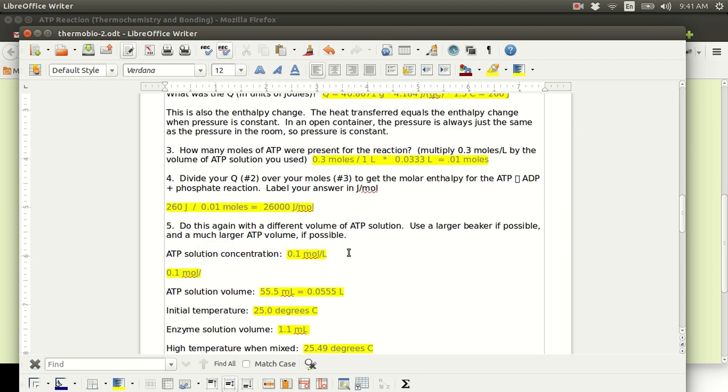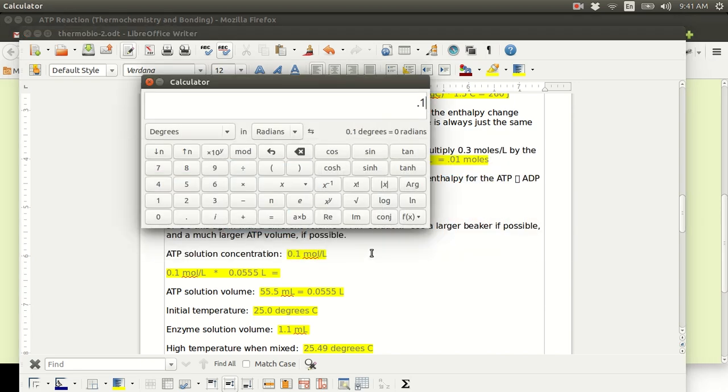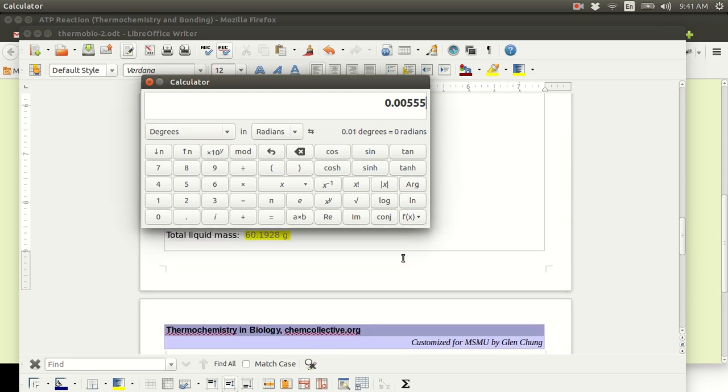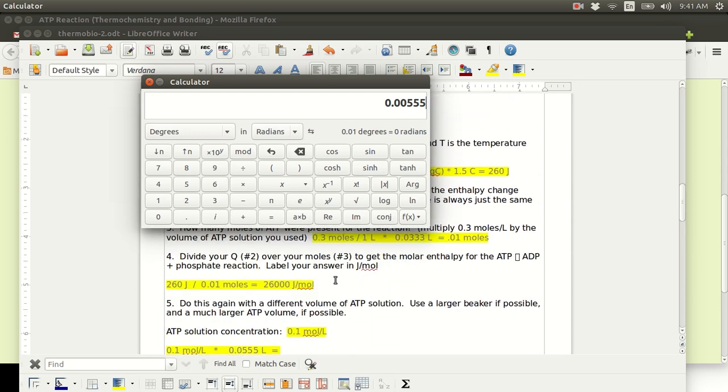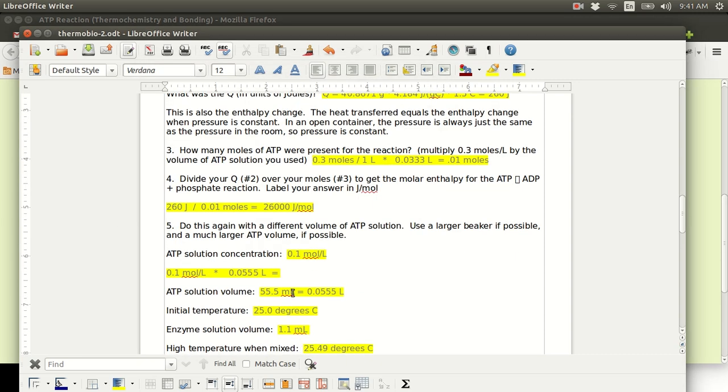Just like last time, I'm going to multiply this by the liters. I used 0.0555 liters. So that is 0.1 times 0.0555. And that's 0.0555. Except that's only one significant figure right there. So I'll call it 0.06. 0.06 moles.